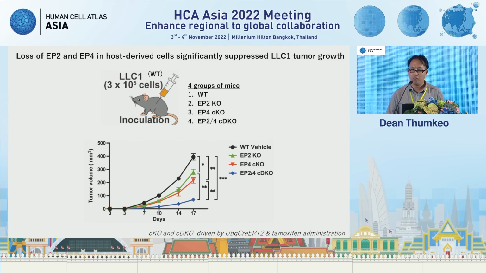In the previous study, they suggested the expression of EP2, EP4 in immune cells. So we hypothesize that the tumor suppression effect mediated by EP2 and EP4 might be important in the immune cells.